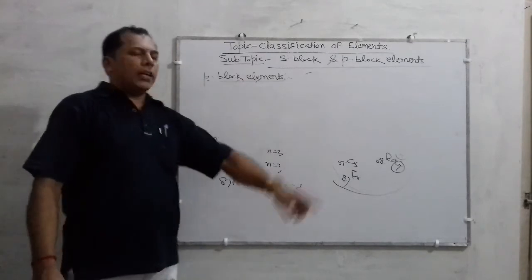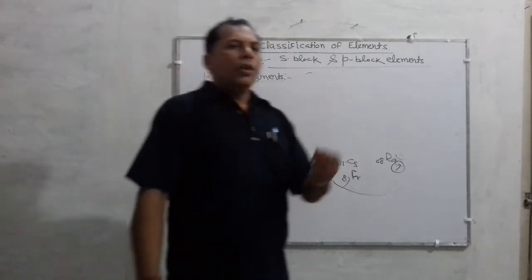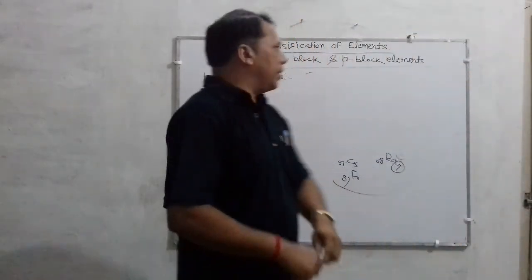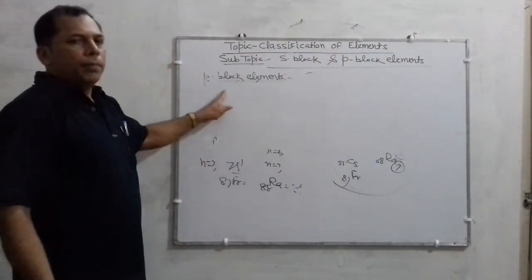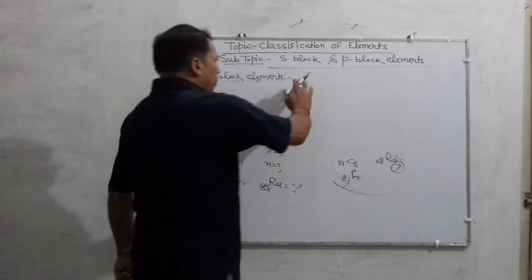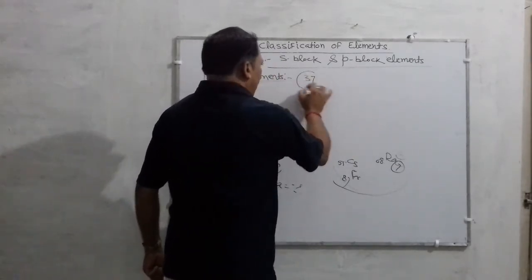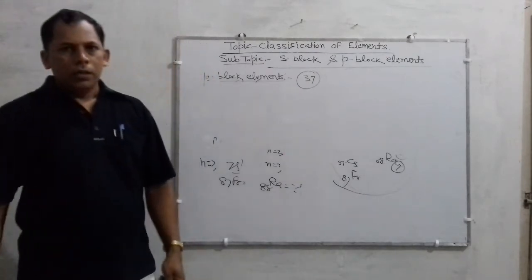Listen, P block elements are those elements whose last electron or outermost electron is occupied in P subshell, called P block elements. The total number of elements which are present in P block at present time is 37.